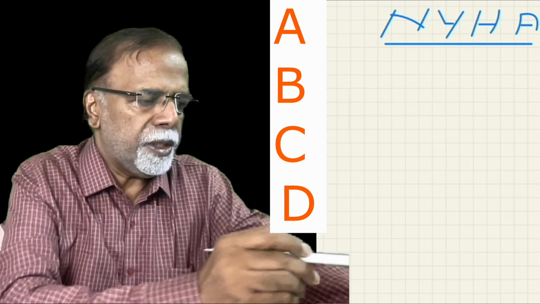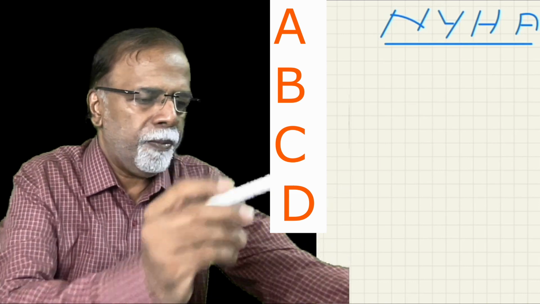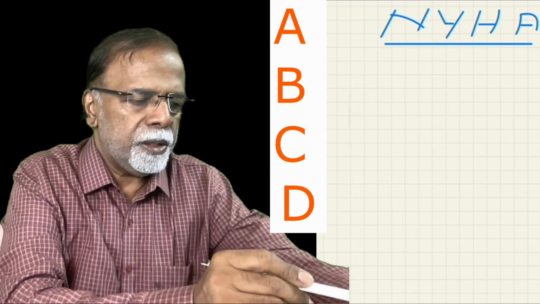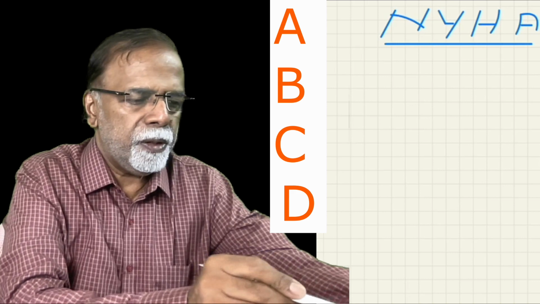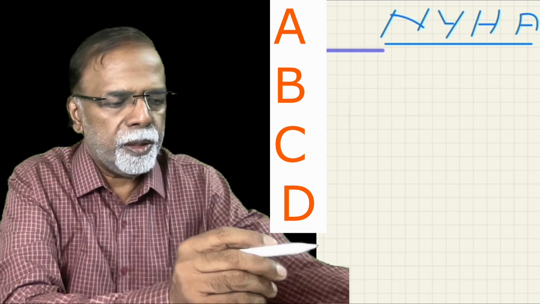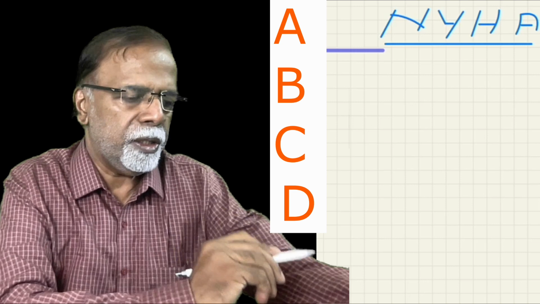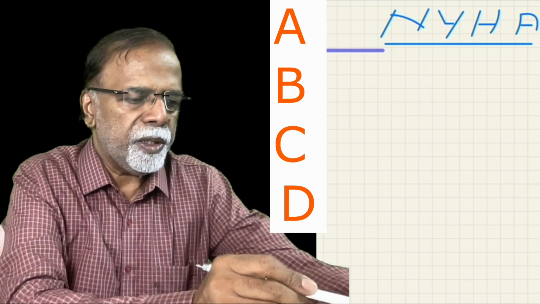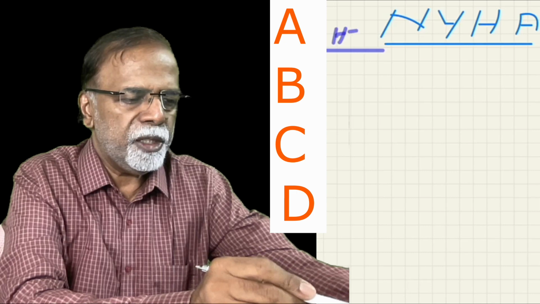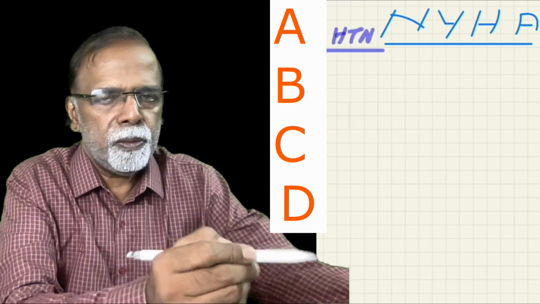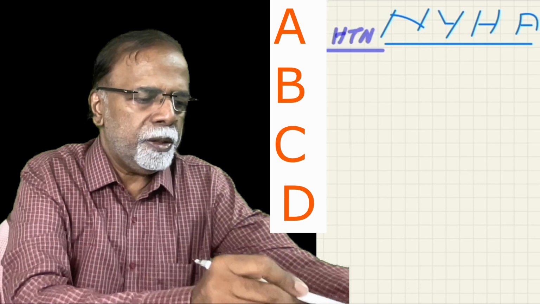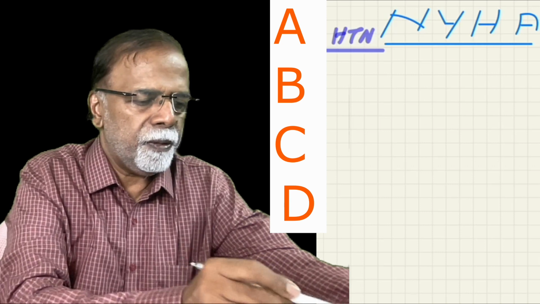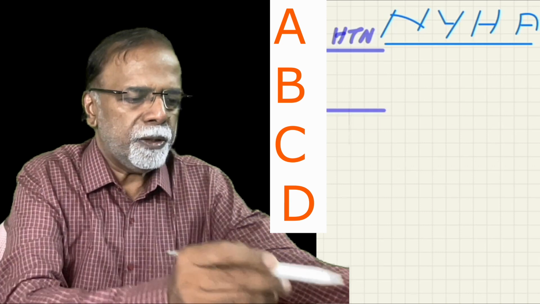So what is the difference between stage and class? Stage A means the patient has a predisposition for heart disease. For example, somebody who has hypertension is predisposed to heart disease. Stage B means there are structural changes.